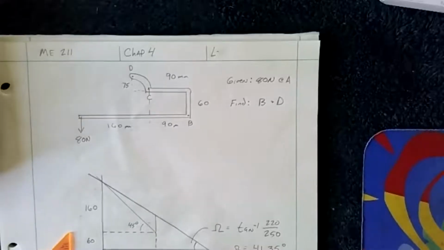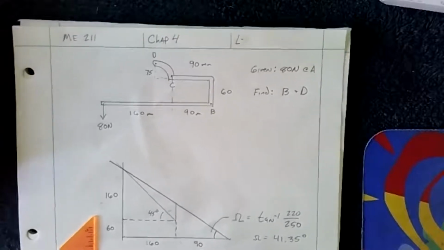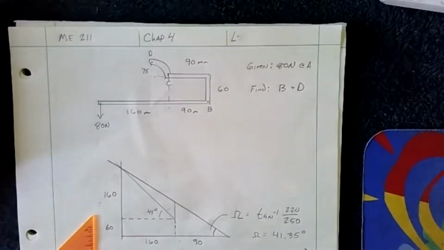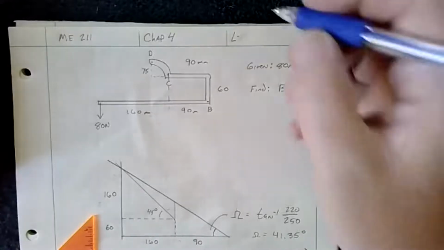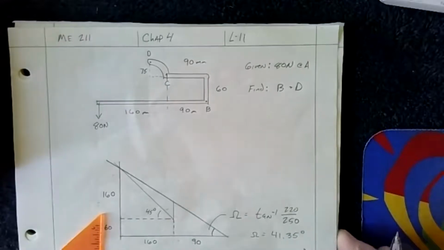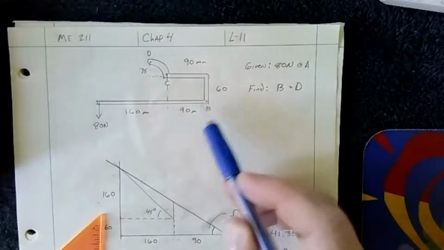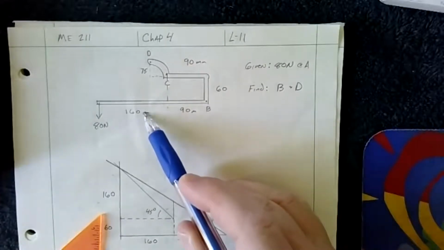So if you opted to just go ahead and do it on your own, I'm first going to show you quickly the force triangle method. And in this example, I've first drawn a sketch of the diagram. So 60 millimeters, 90 millimeters, 160.